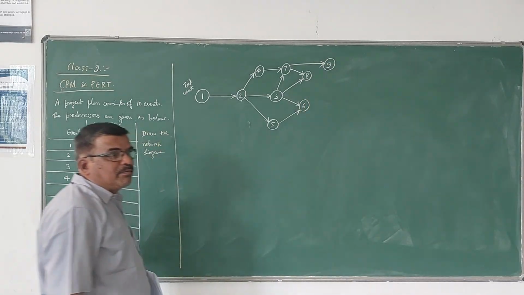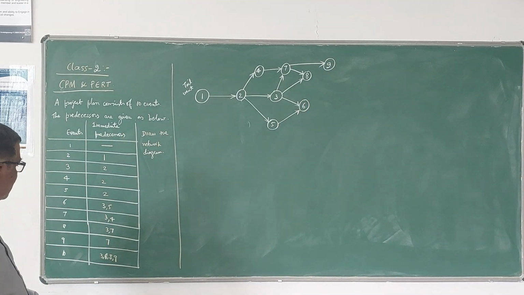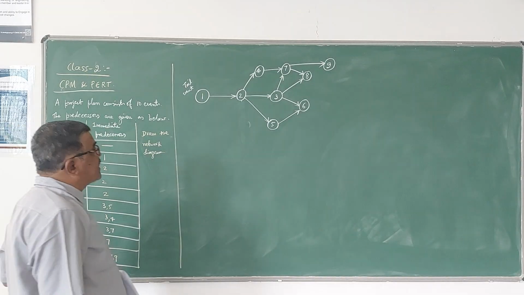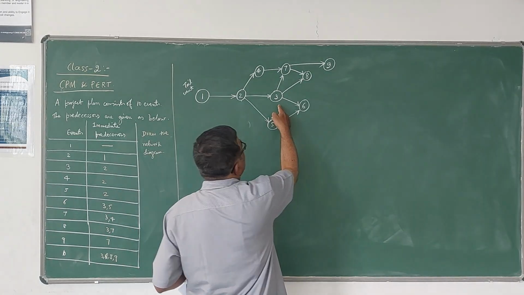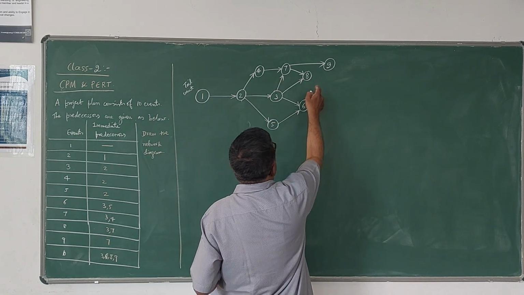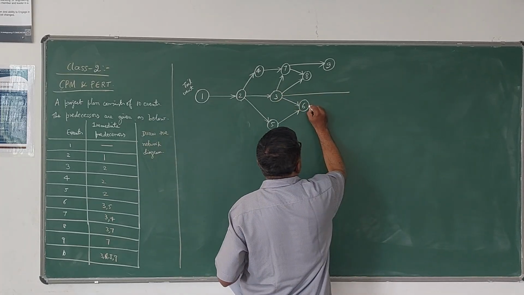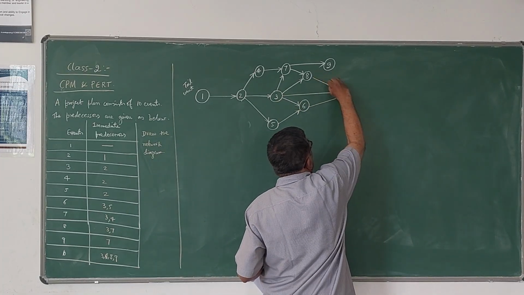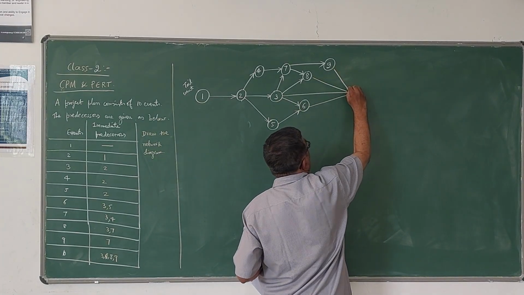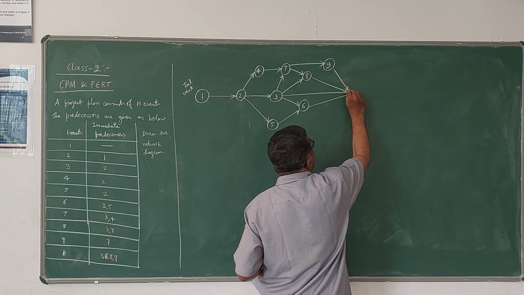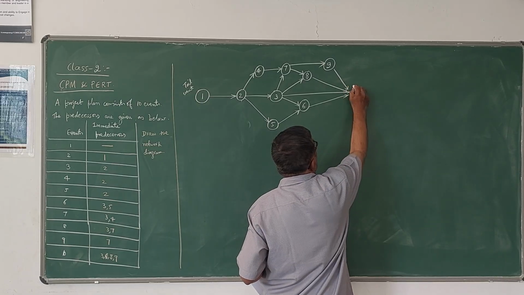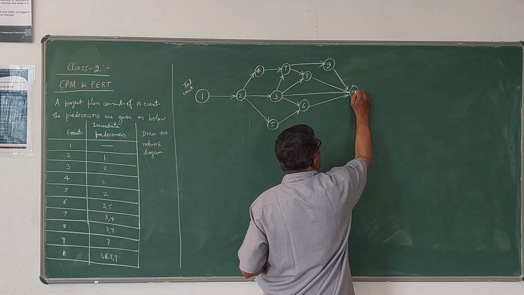So 7 is a predecessor to 9. Then for 10, 3, 6, 8, 9. So this 3, then 6, then 8, then 9. There are 4 immediate predecessors to 10.